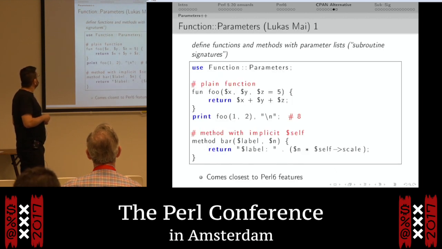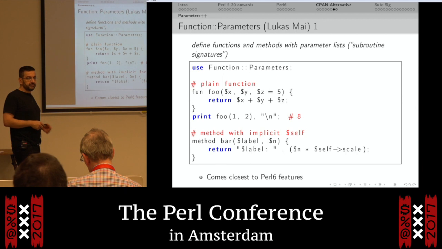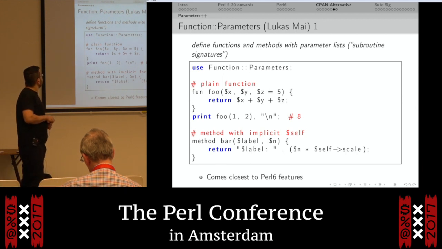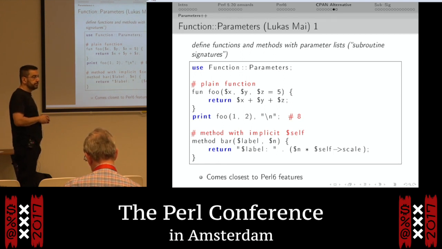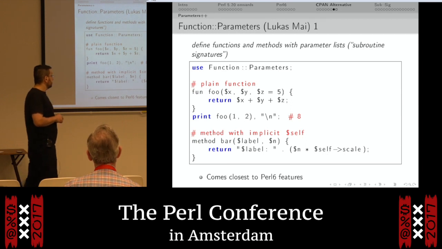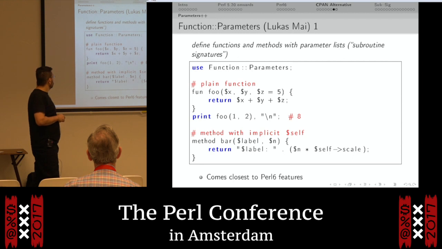Then function parameters. You see, I don't reinvent the wheel, so I wanted to see, is there anything on CPAN I can learn about or can take advantage from? It defined functions and methods with parameter lists. And function parameters from Lukas, or Mauke, he's here if you want to talk to him, is quite good. It's very close to Perl6 features.